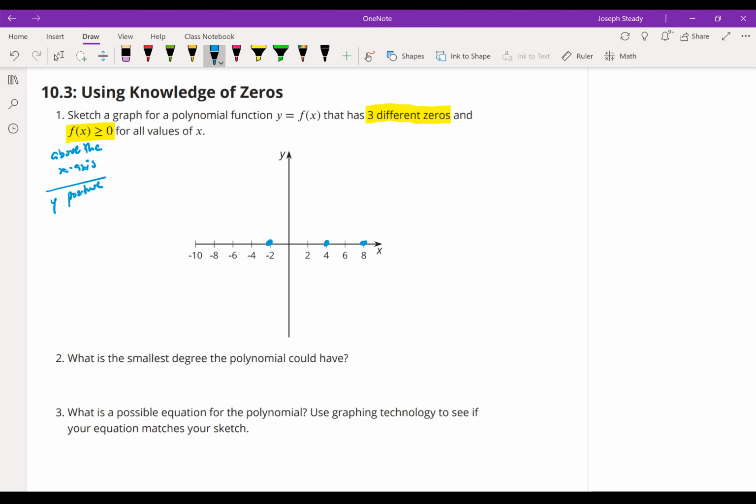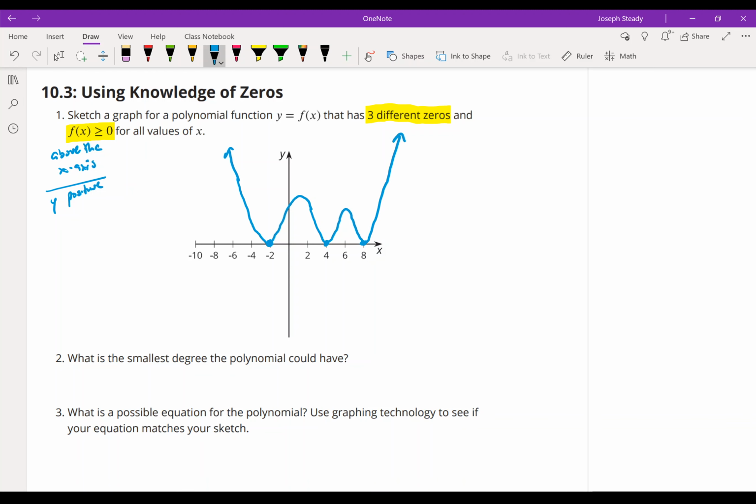And now this is the tricky part. I need my graph to always be above the x-axis. Well, if I start above the x-axis, that helps. And I know that even if this is my 0 here at -2, I can stay above by bouncing off. And actually, I can just do the same thing at the next x-intercept, and the next one.